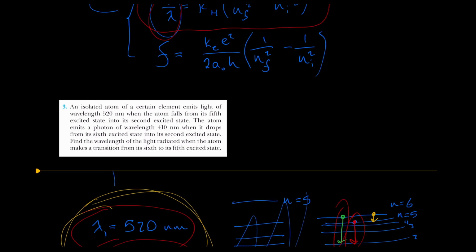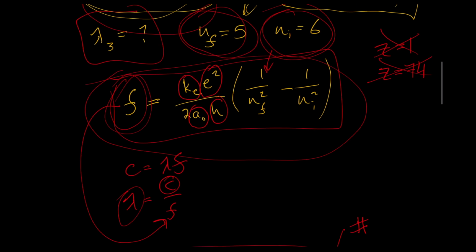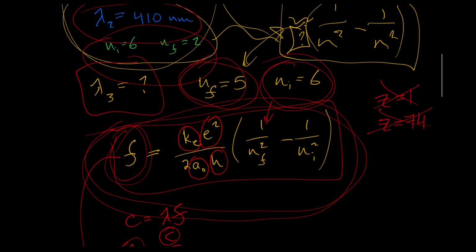It says an isolated atom of a certain element emits light. Okay, so I think the problem was that the equation that is used here works only for hydrogen. And there has to be some kind of Z value over here. This was my suspicion in the beginning. And it turns out this is the common mistake that you can run into.